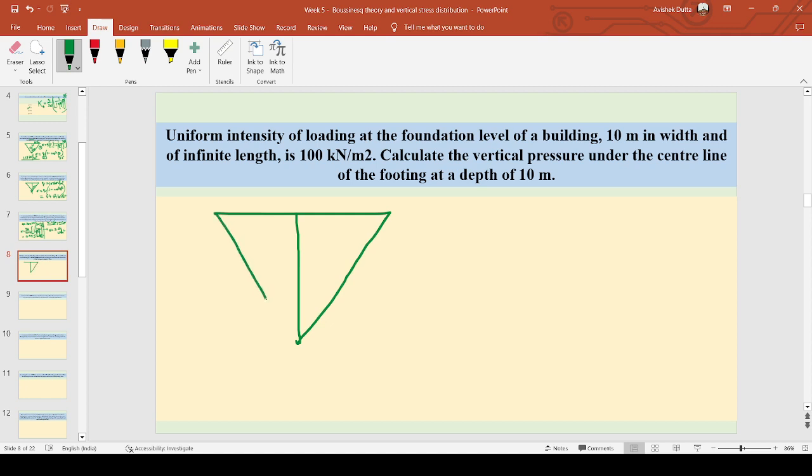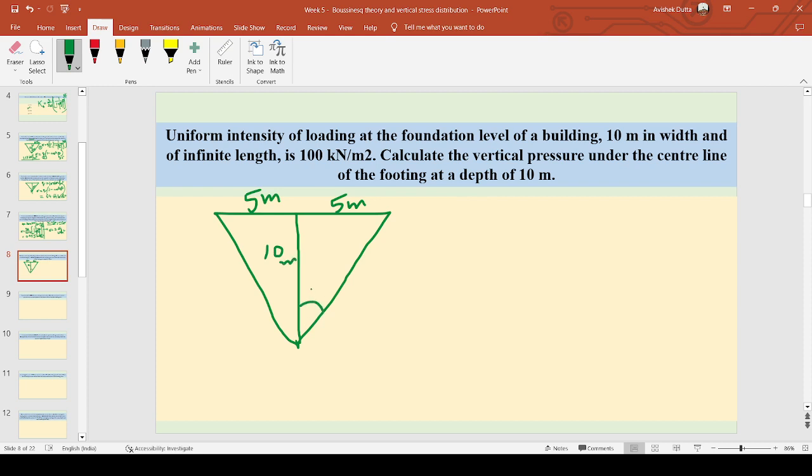Now we have, this is the width is 10 meters, so this is 5 meter each. At a depth of 10 meters, so this entire depth is 10 meter. We can find out the angle like this.